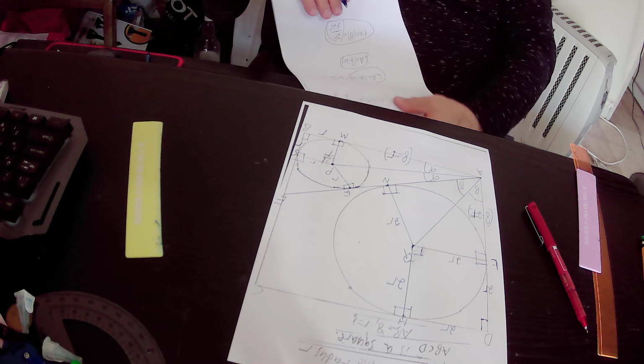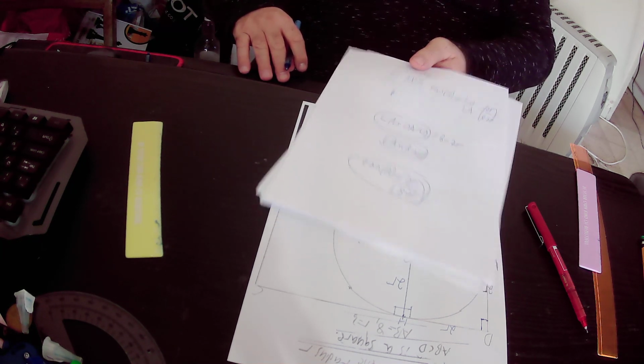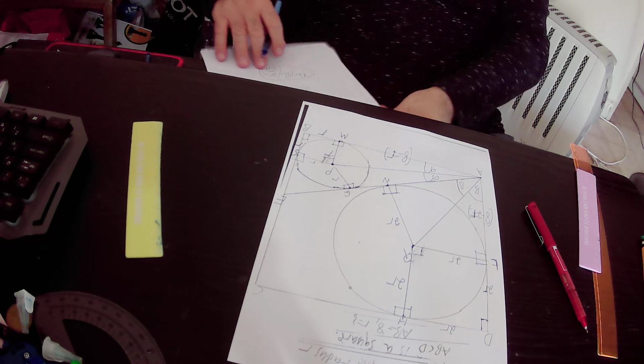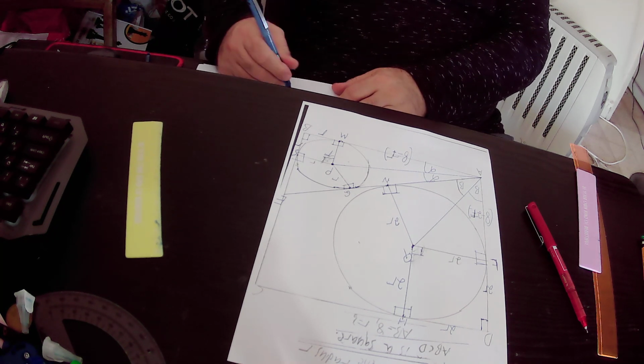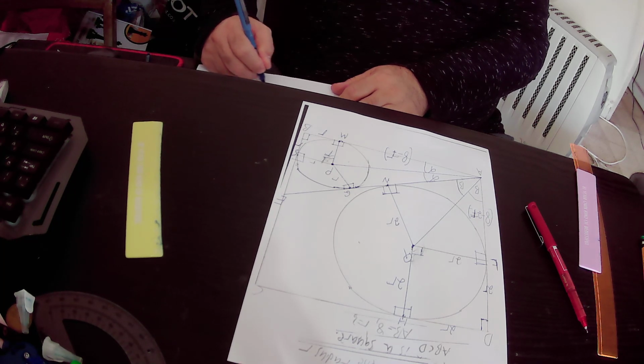Again, tangent beta equals 2r over 8 minus 2r, and we already found out that tangent alpha equals r over 8 minus r.